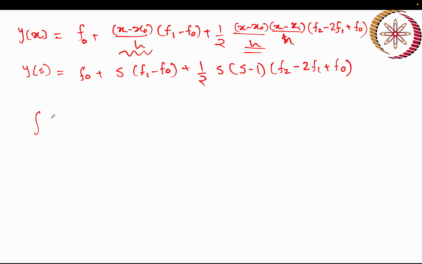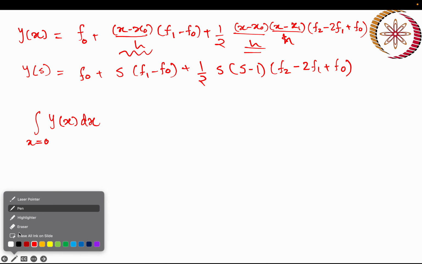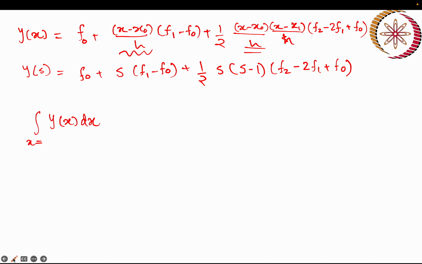What we are planning to do is the integral of y(x) dx from x equal to x0 to x equal to x2, which is nothing but the integration over s from 0 to 2 of y(s), and dx will be replaced by h ds.